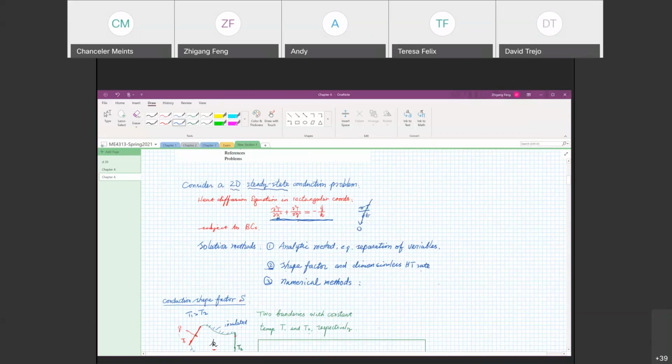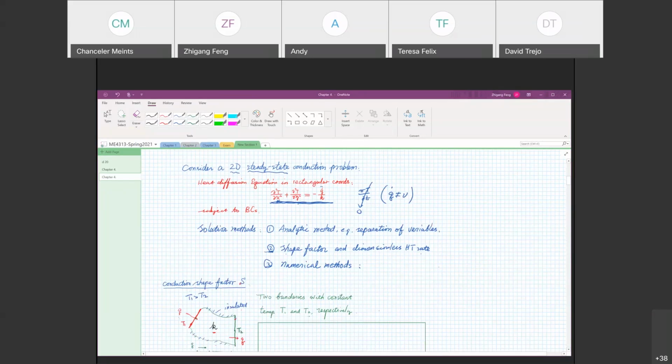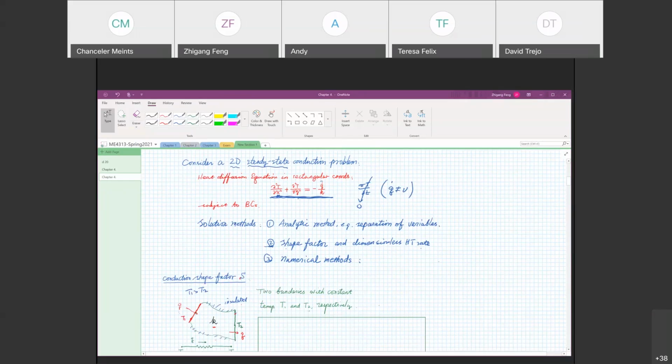Conduction problem with heat generation, so we do allow Q dot to be non-zero, so we don't require Q dot to be zero.